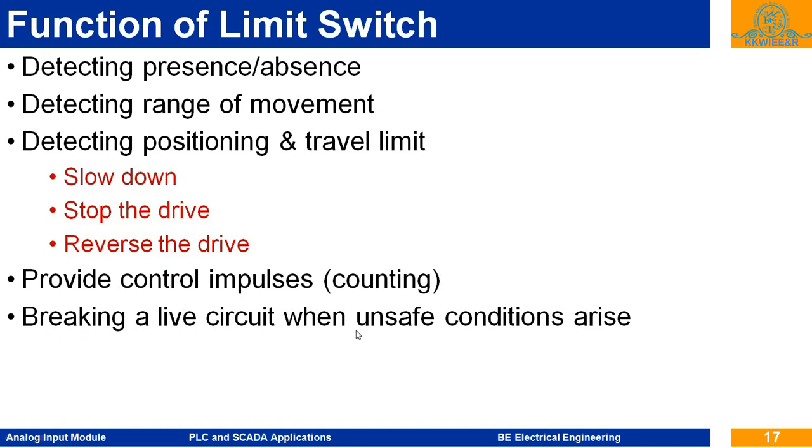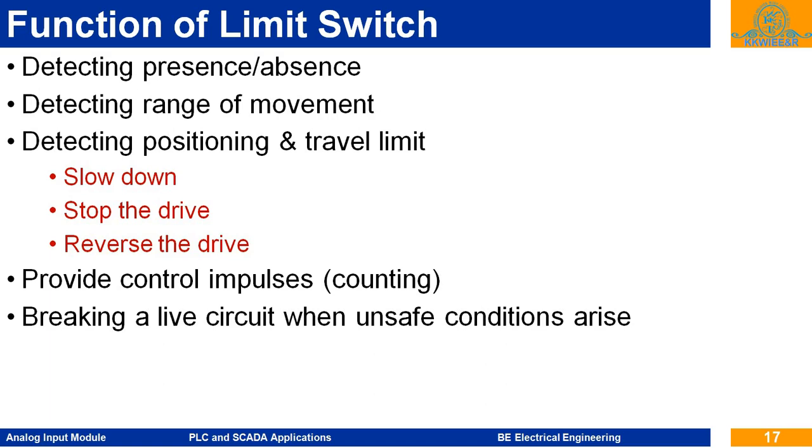Breaking a live circuit when unsafe conditions arise. Unsafe conditions means, to sense the final travel, this limit switch is placed. And for the safety of this machine, another limit switch is provided.